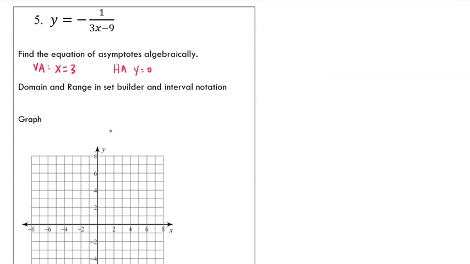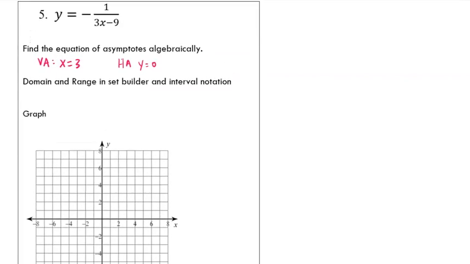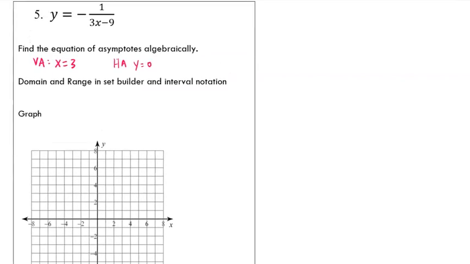Okay. Now, to find the domain and range, the domain is going to be x such that x cannot be 3. And then the range is going to be y such that y cannot be 0.